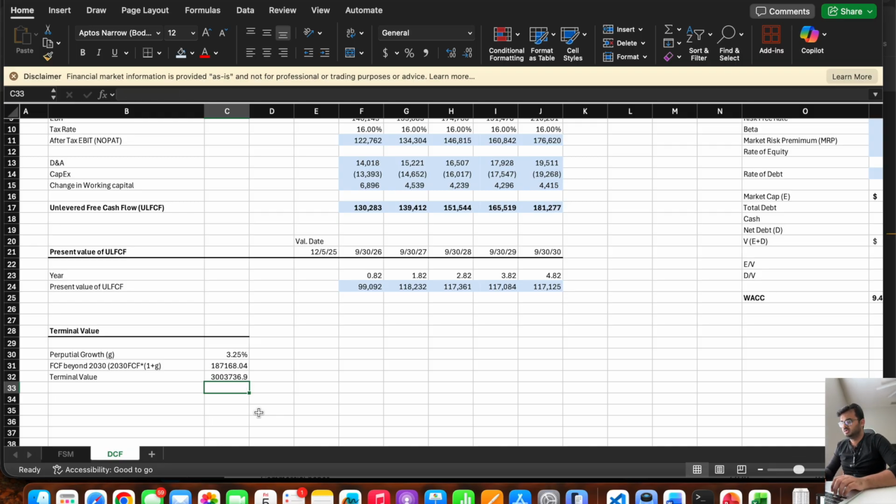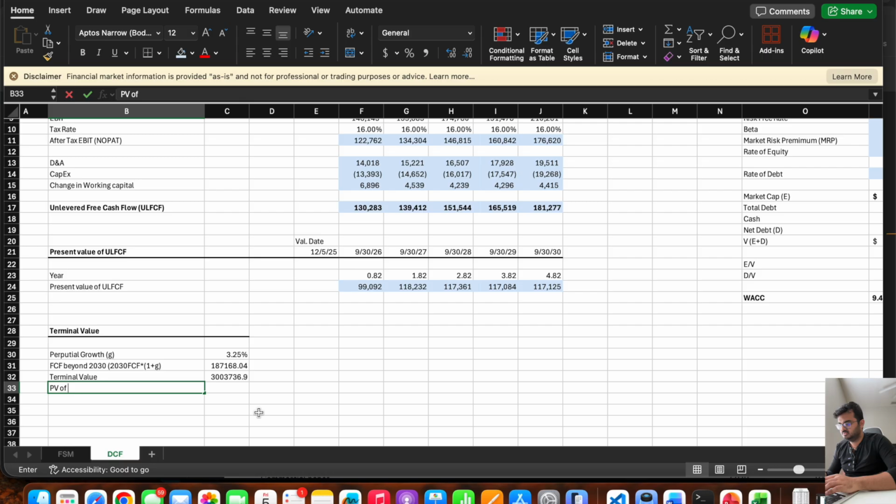Terminal value is the company's value at 2030. It is the total free cash flow which the company is going to generate beyond 2030, at the value of 2030. But now we need to understand, as of today, what this number is valued at.